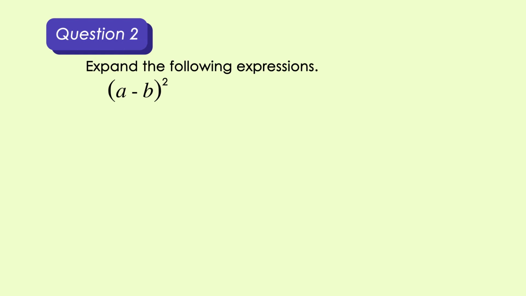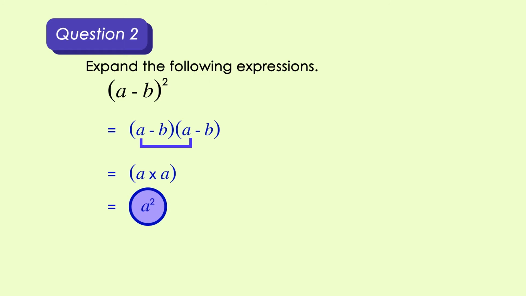Boys and girls, let us try this question now. Please take note there is a minus sign in this question. A multiplied by a is a squared. A multiplied by negative b is negative ab.